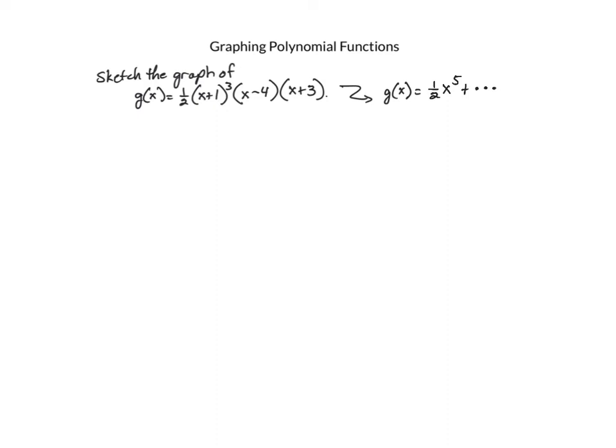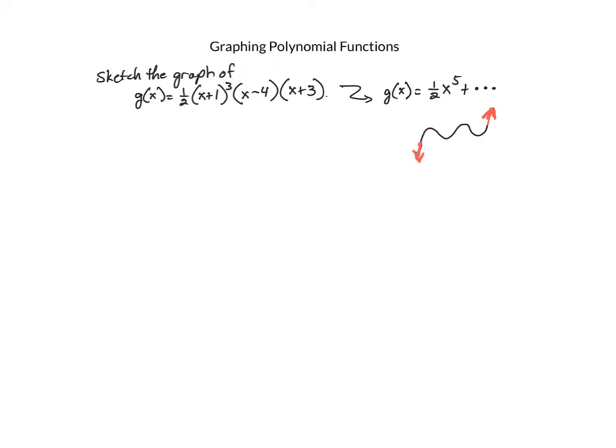So generically speaking, our graph could look something like this. But we don't know the details. What we do have a guarantee about is that we know the end behavior is going to be just like this. It's going to be going up this direction and down that direction. That's guaranteed. We don't know so much about the details in the middle. So let's get going.